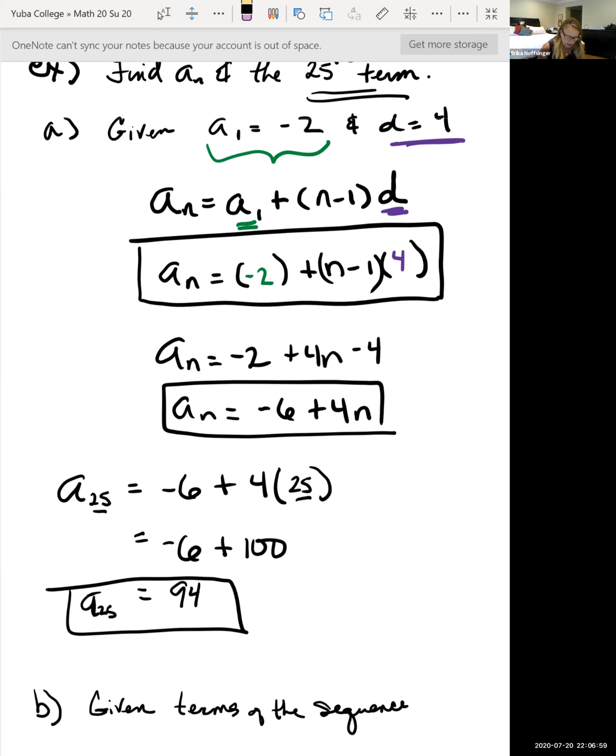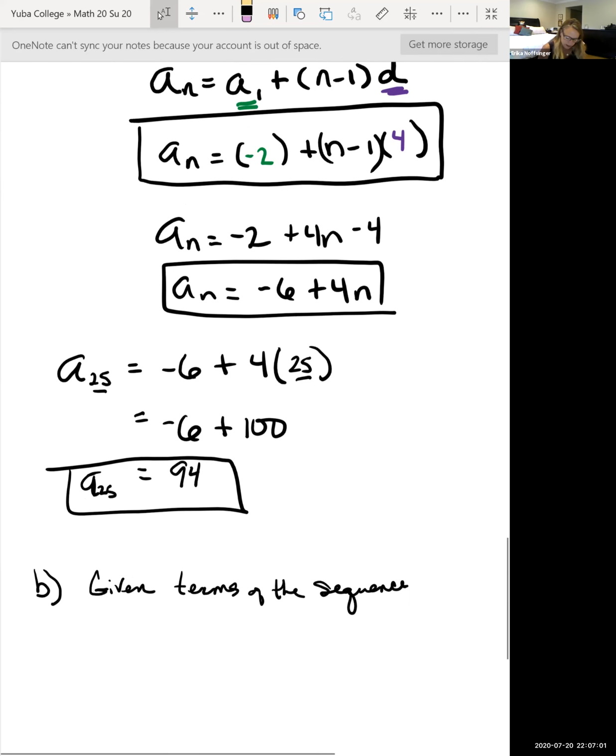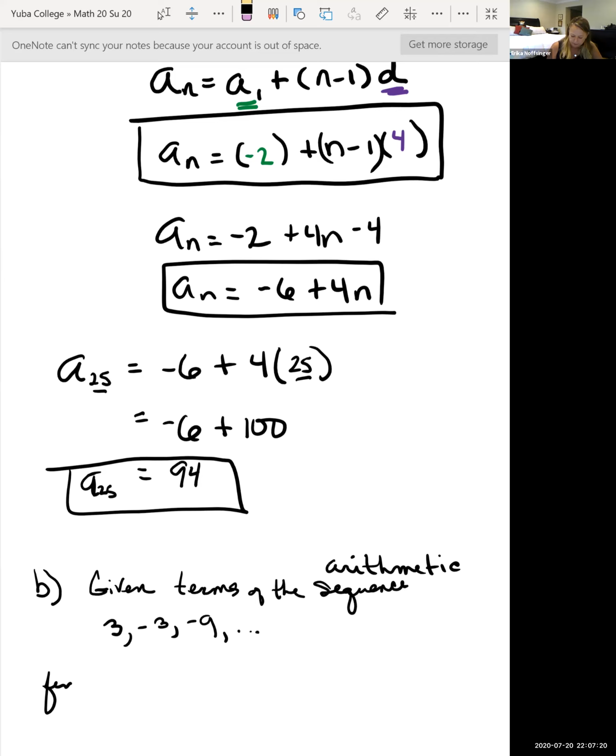They are the following: 3, negative 3, negative 9, dot, dot, dot. You're also told that it's an arithmetic sequence. And you want to find a sub n and the 25th term.